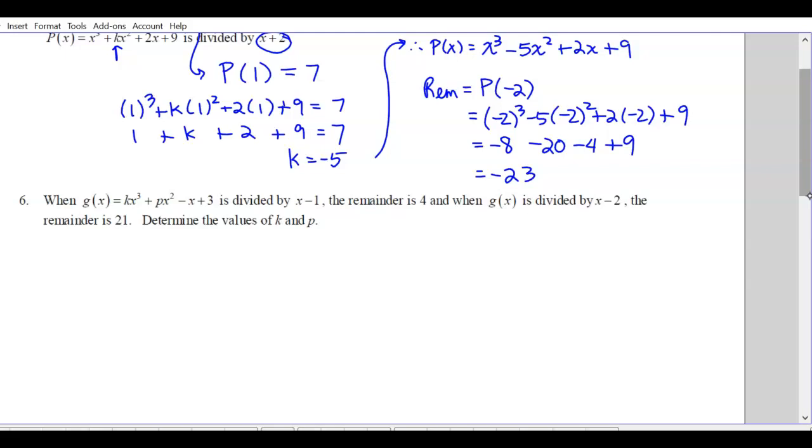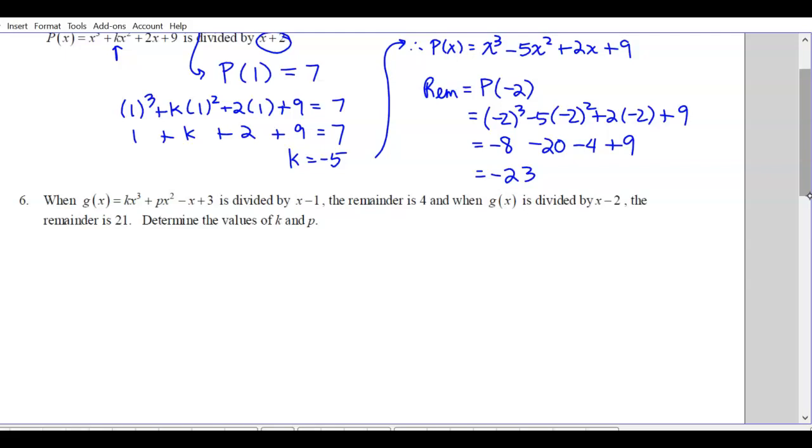Okay, same deal. Next one, you don't know all the coefficients. Now we actually don't know two of them. But we are told when it's divided by x minus 1, we get a remainder of 4. And when it's divided by x minus 2, we get a remainder of 21. So we have two situations, which if you think about it, will help us.